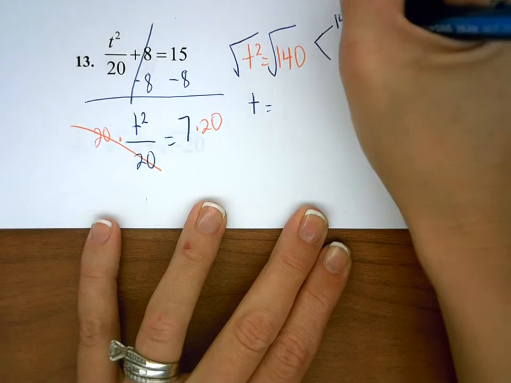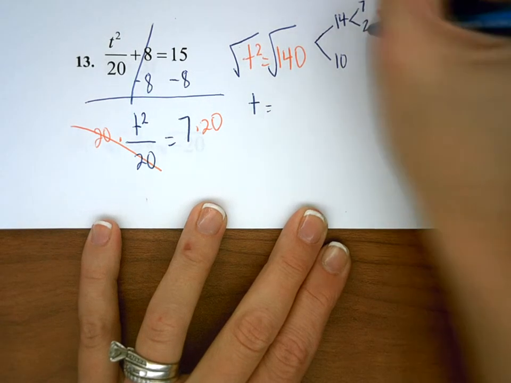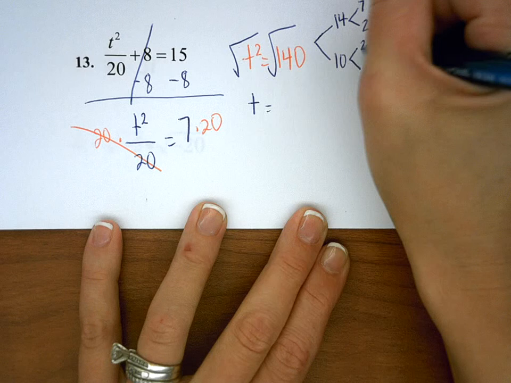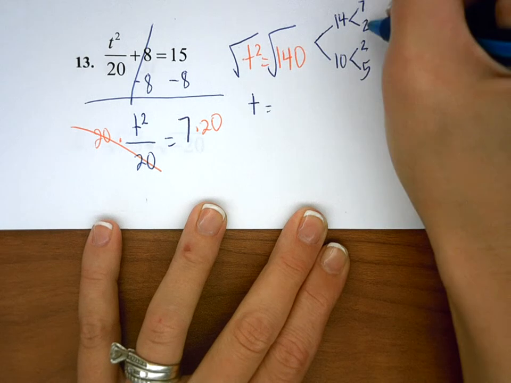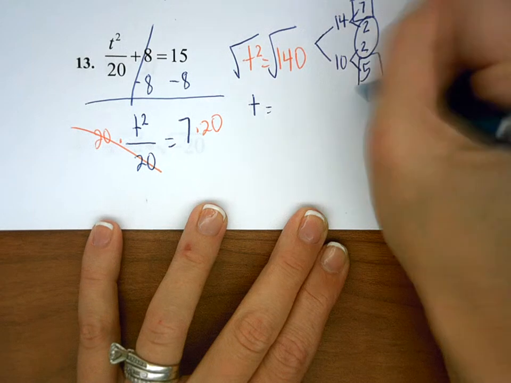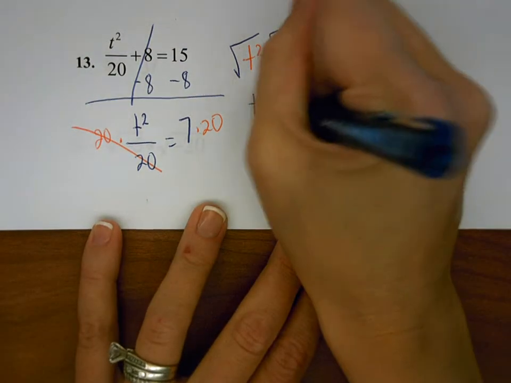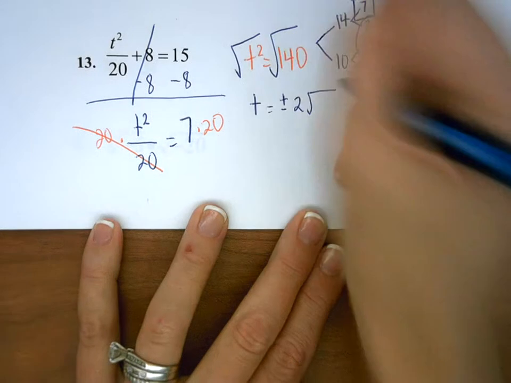You guys can choose whatever you want. And then 14 breaks down to 7 and 2, and 10 breaks down to 2 and 5. Good. So we end up with a pair of 2's and a 7 and a 5 left over. And so that answer is going to be what? Perfect. Plus or minus 2 radical 35.